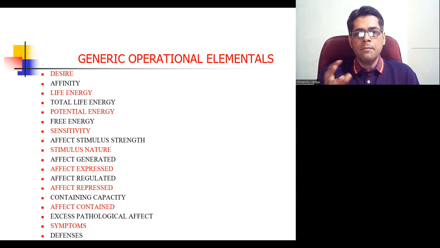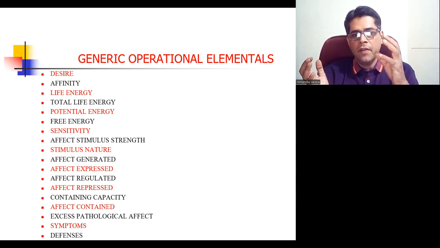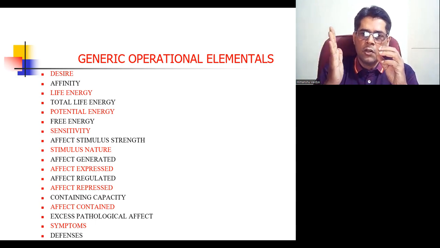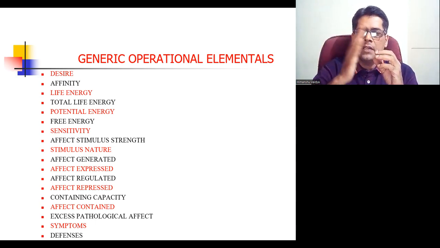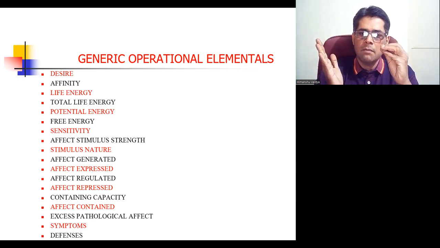Same for another variable called life energy, or prana as we call it in the East, or libido as Freud roughly calls it. Jung of course uses life energy as it is. So this prana or life energy again is partly in potential form and partly in free flowing form, and the affinity is like the magnetic force which draws towards itself life energy, almost as though life energy was the iron and the affinity was the magnet.